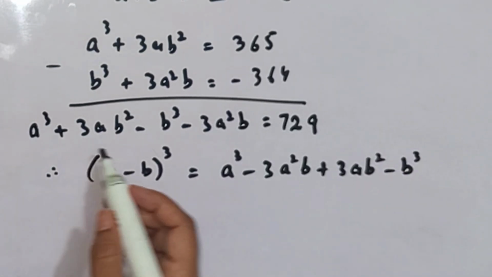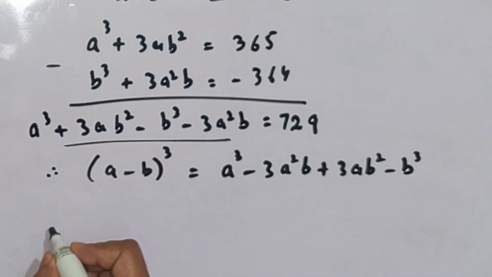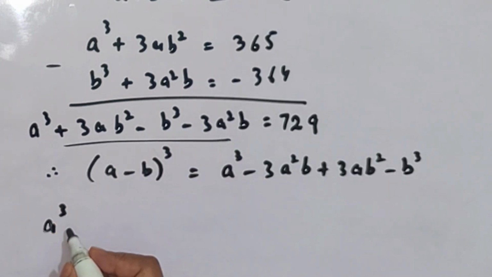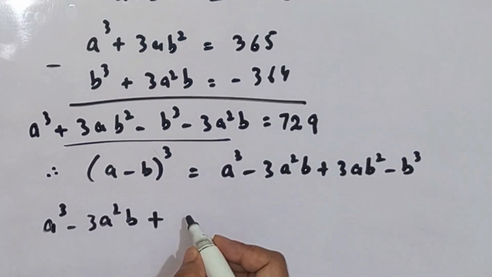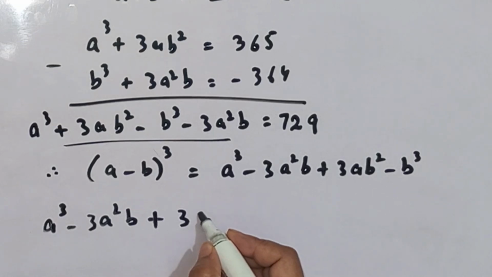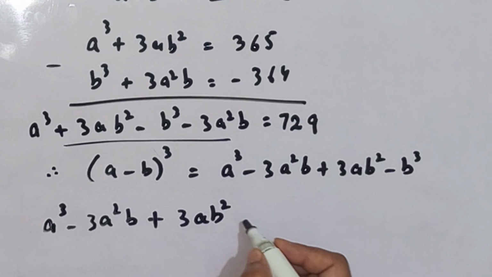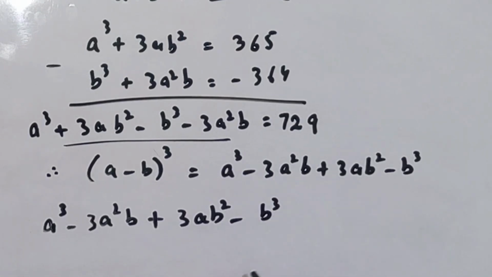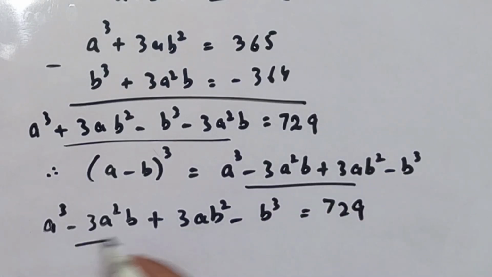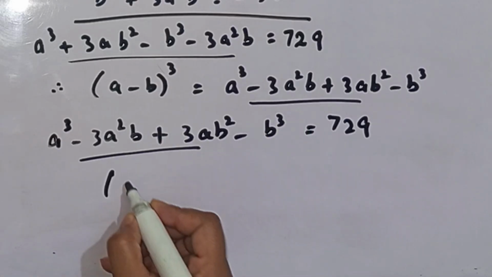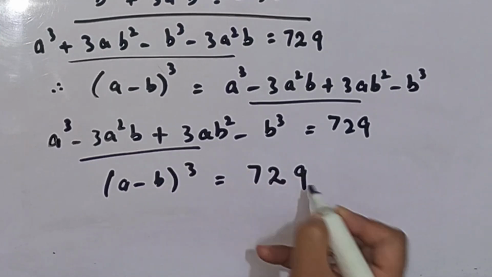Now focus on this side, we rearrange this left hand side, then we get a cube, minus 3 a square b plus 3 a b square minus b cube, and this is equal to 729. Now focus on this part, so we can say that a minus b whole cube is equal to 729.